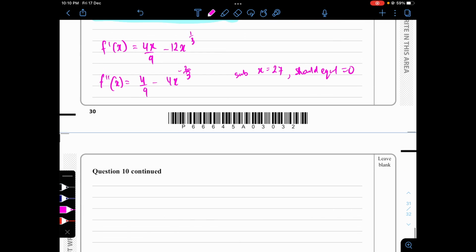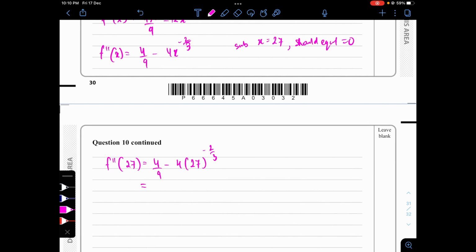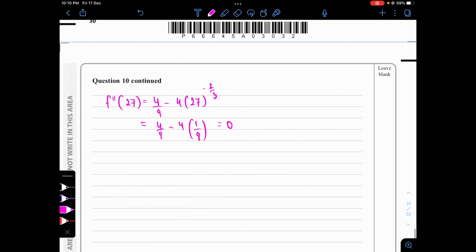So f double dash of 27 is 4 over 9 minus 4 times 27 to the power minus 2 over 3, and that does give us 4 over 9 minus 4 times 1 over 9, which gives us 0. So we can conclude that the final answer is indeed f of x equals 2 over 9 x squared minus 9x to the power 4 over 3 plus 7 over 9. So that is our final answer.